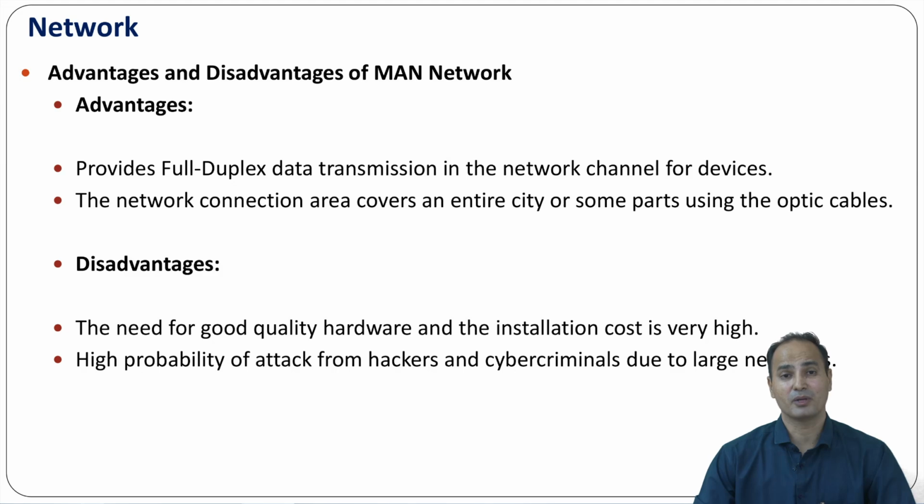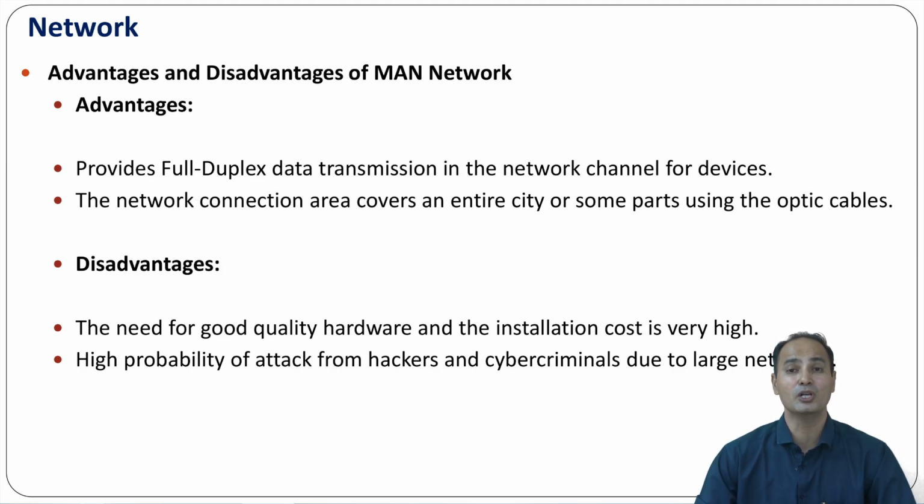In terms of advantages, it provides full duplex data transmission in the network channels or services for devices. The network connections cover an entire city or some parts of it using optical cables. It also suffers from certain disadvantages or limitations.